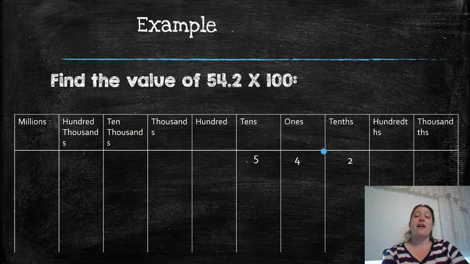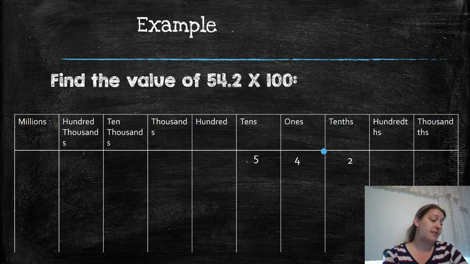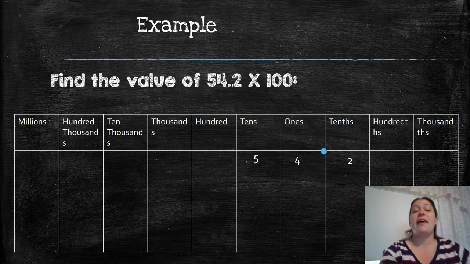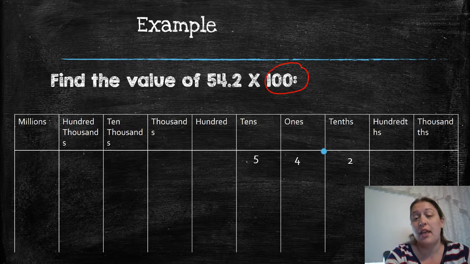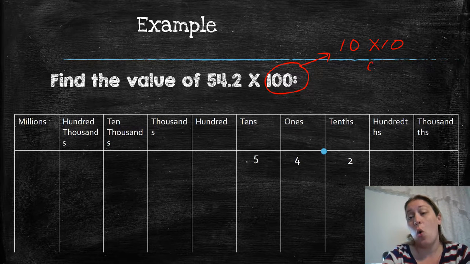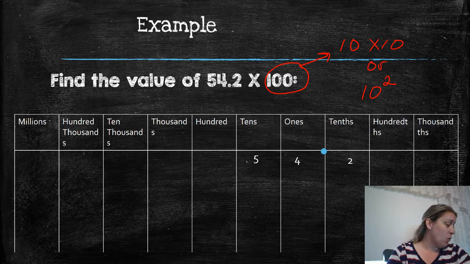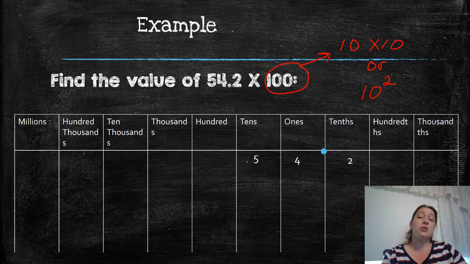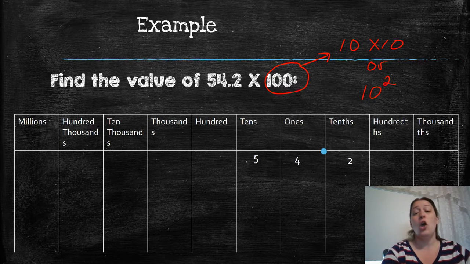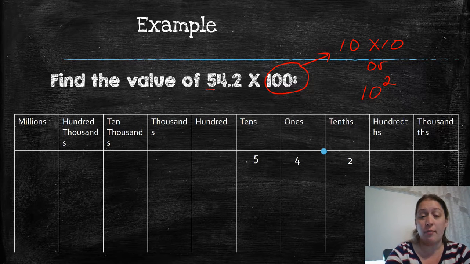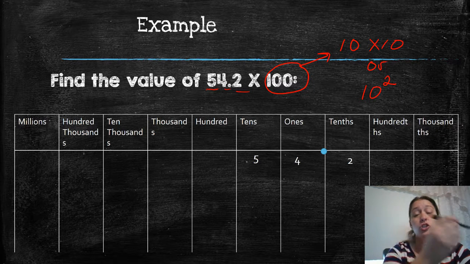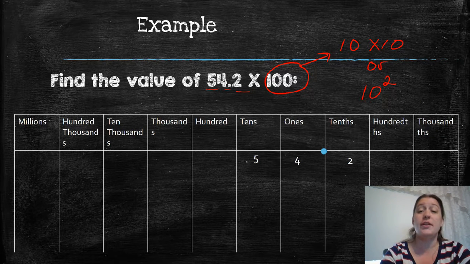So what if I wanted to find the value of 54 and 2/10 times 100? Now we know that this 100 is actually 10 times 10, or 10 squared. So what does this mean? What do we have to do? Because we're multiplying by 10 2 times, we are moving each of our numbers over to the left 2 spots.